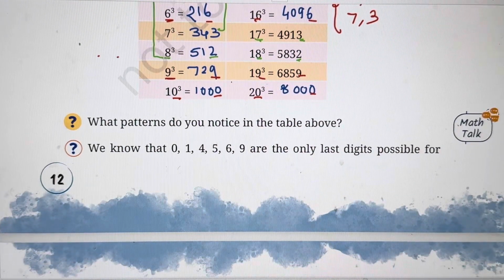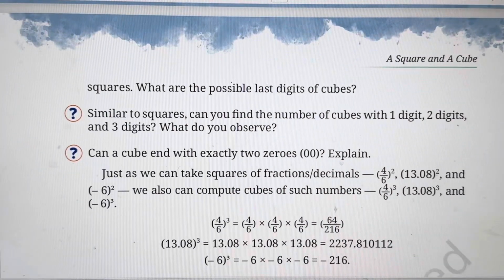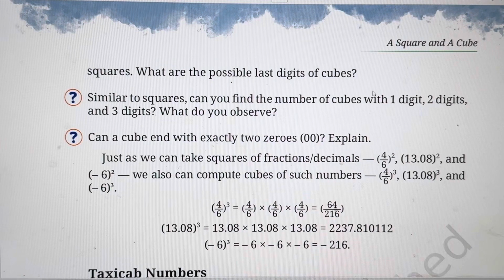Now we know that 0, 1, 4, 5, 6, 9 are the only possible last digits for square numbers. You remember, right? But what are the possible last digits of cubes? We just observed that all were possible, 0 to 9.